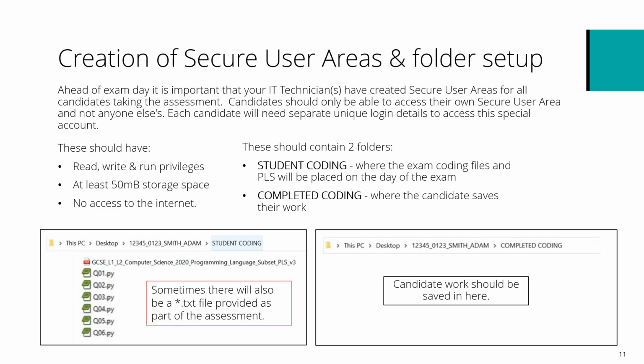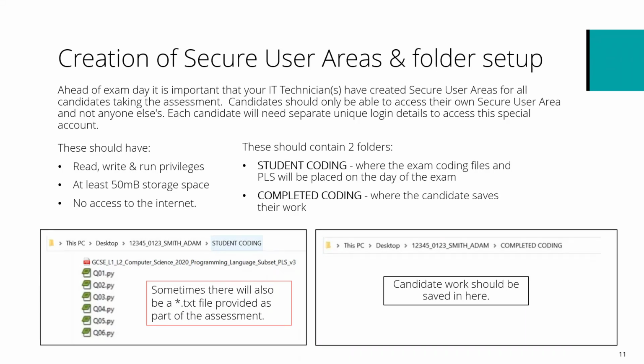Right. So these secure areas, it's important that you get these right. Clearly the students are going to be using the programming language Python. They're going to be running the IDE that they've been using in their teaching and learning for the 2 years leading up to the assessment. They should have a sufficient amount of writable disk space.